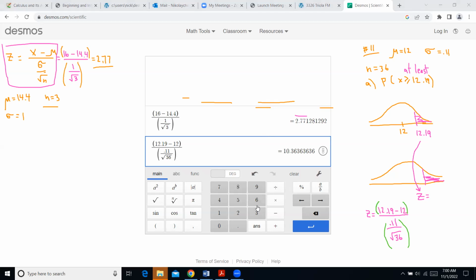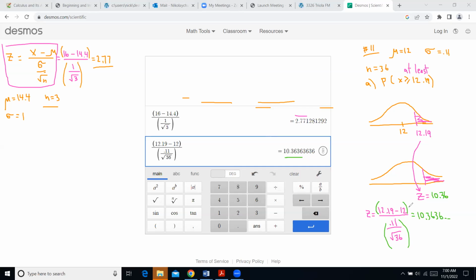And now we get z-square, which is 10.363636. So we usually round this to the nearest hundredths, right? So the z-square of 10.36 will be here.